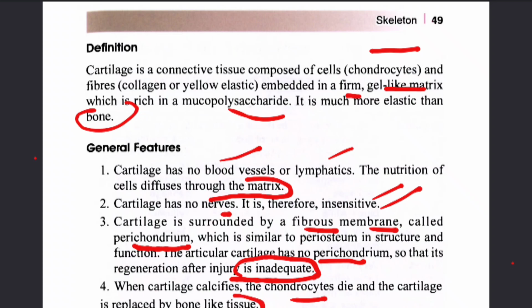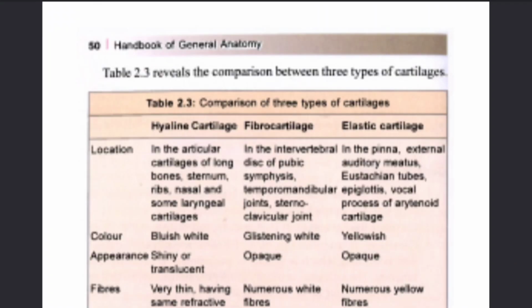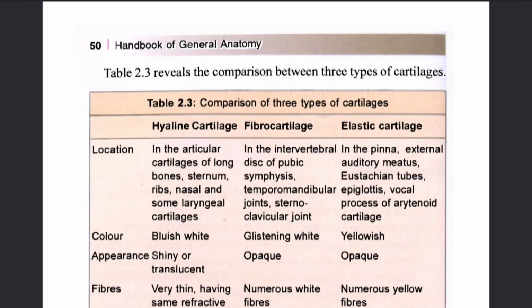Okay. The comparison between the bones and the cartilage we'll see. There are three types of cartilage basically. One is the hyaline, second the fibro, and third is the elastic cartilage. We'll differentiate them by location. The hyaline cartilage is present in the articular cartilages of long bones, sternum, ribs, nasal, and some laryngeal cartilages. We have seen the articular region at the head of the long bones.